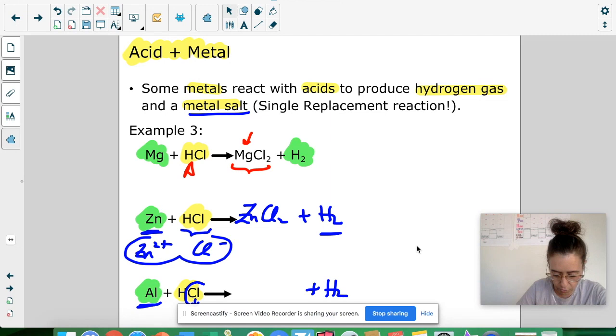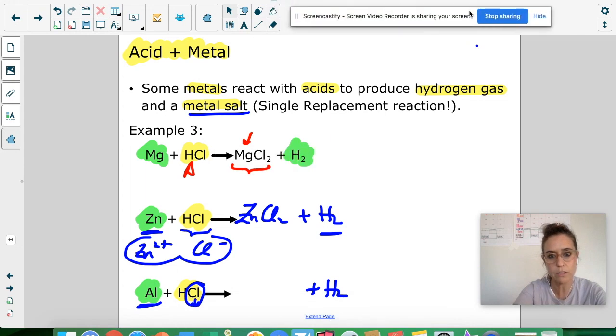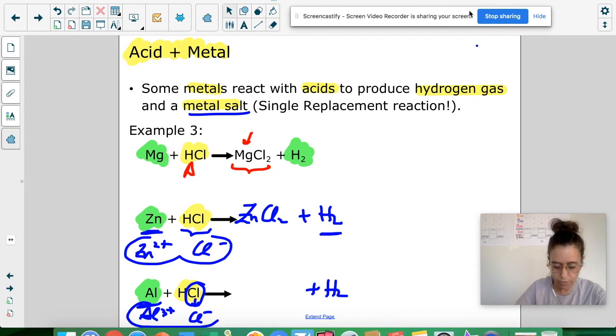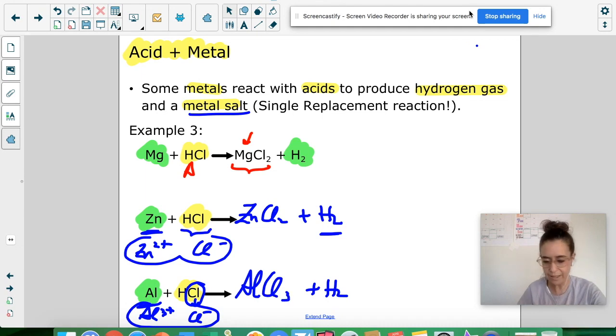So the chlorine, okay? So how do we put these two together? Well, we need to remember what we learned in previous units. Aluminum is always going to be aluminum 3 plus. Chloride is always going to be Cl minus. So we combine these two ions together and we form the metal salt. And the metal salt is going to be aluminum chloride, like this.